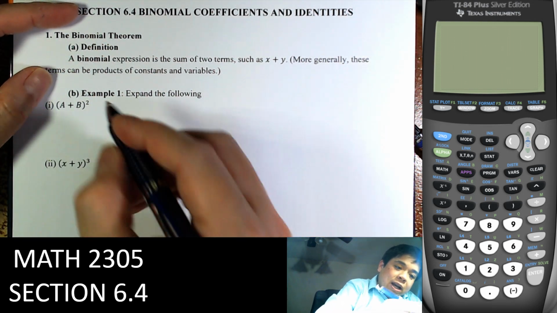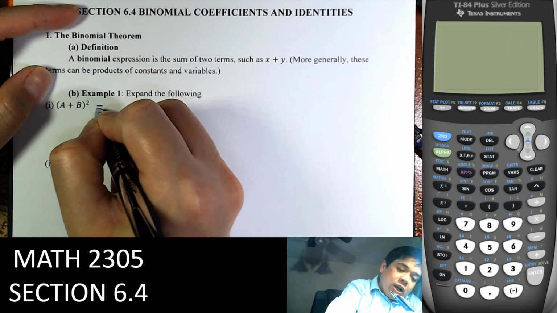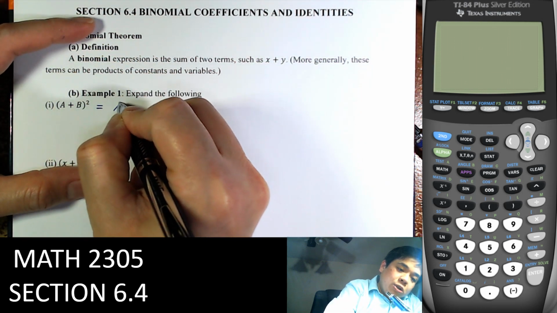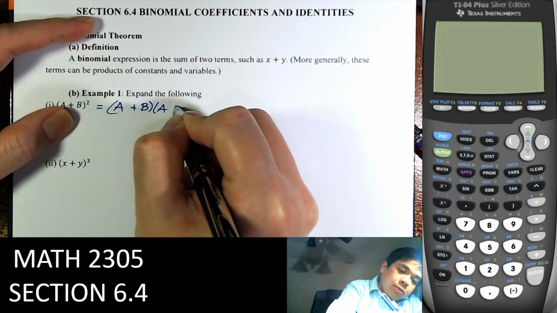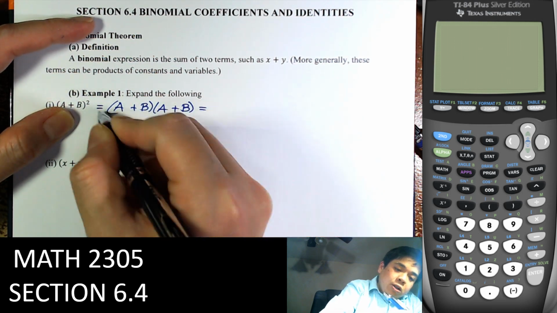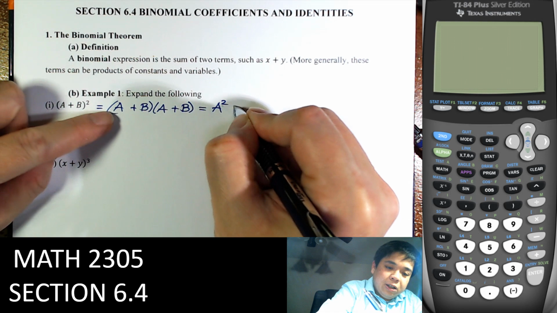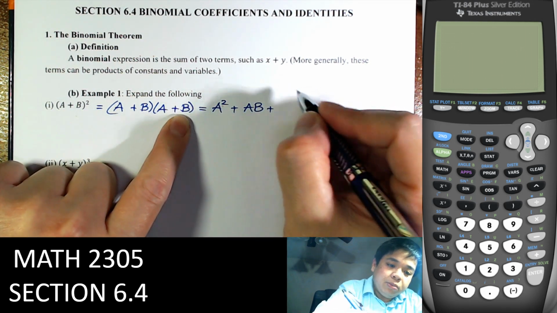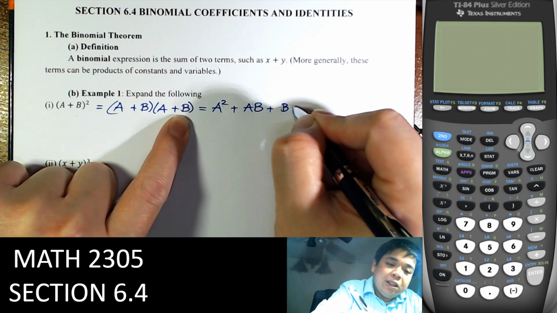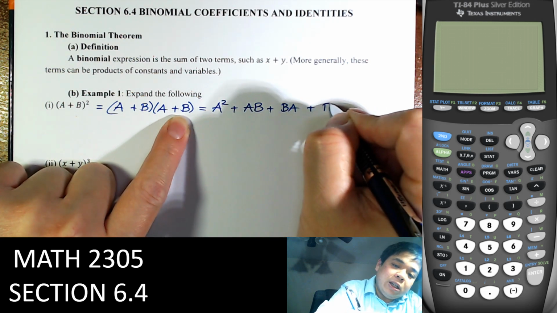I'll just expand (a + b) squared. So just multiply it by itself. That gives us a squared plus ab plus ba plus b squared.